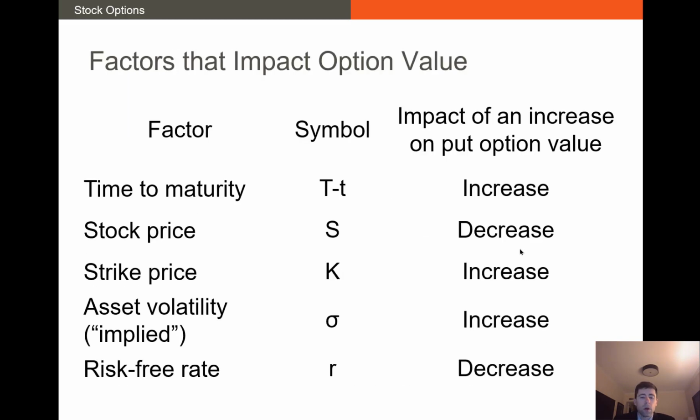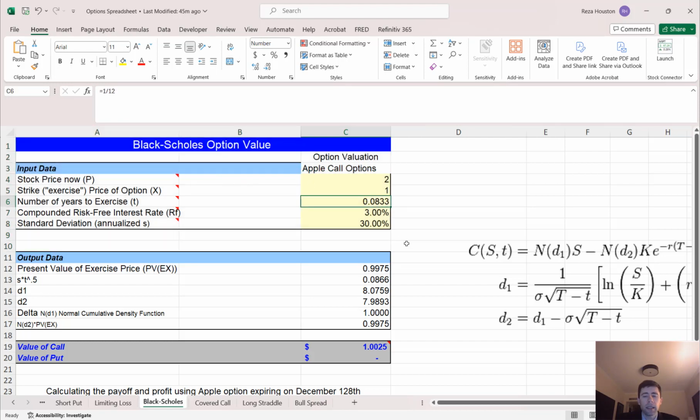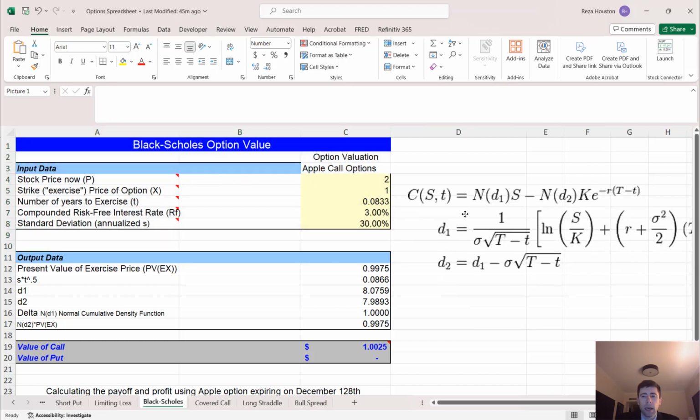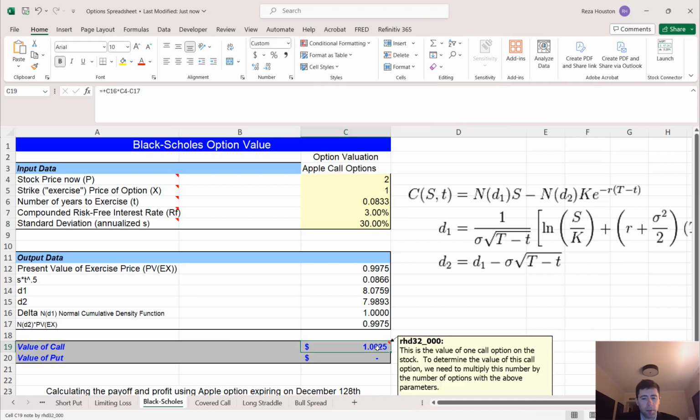Okay, so let's go ahead and take a look at this in a very, very quick example. Okay, so here we go. I have this Black-Scholes option pricing calculator right here. What this does is it essentially plugs in all of the 5 primary components for the Black-Scholes option pricing model, and it spits out the value of a call option.